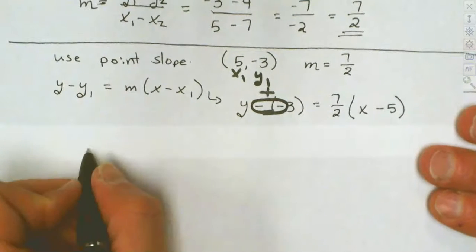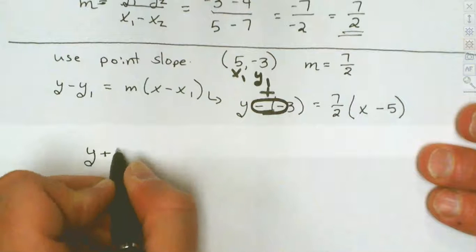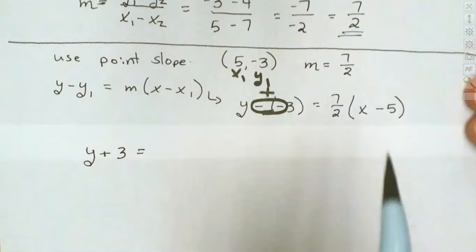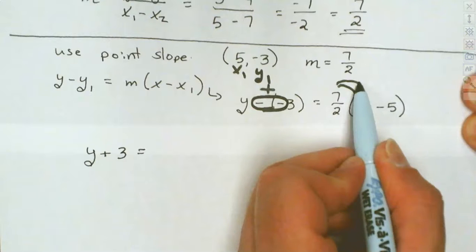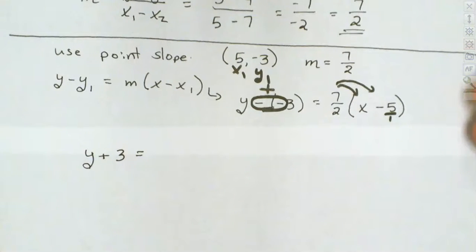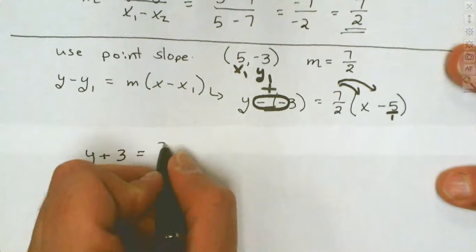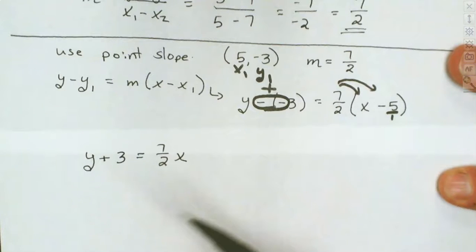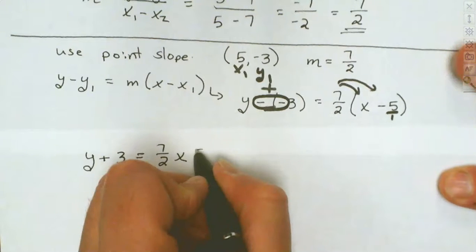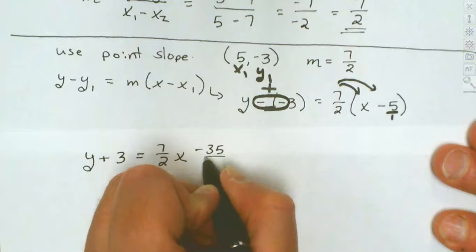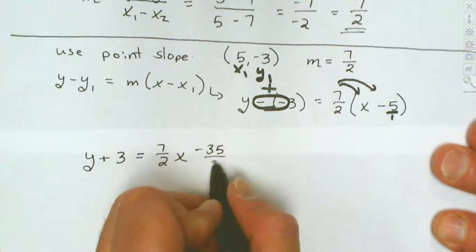And that leaves you then with y plus 3. And we're going to distribute that 7/2 through. And that 5 is a 5 over 1, and it is negative. So when we distribute that through, we now have 7/2 x. 7 times a negative 5, well, that makes it a minus 35 over 2.